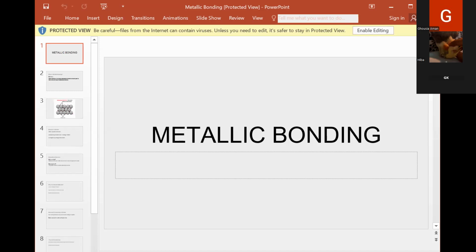Now see, suppose we are talking about the metals of group number 1. In group number 1, all the atoms have got 1 electron in the last shell.